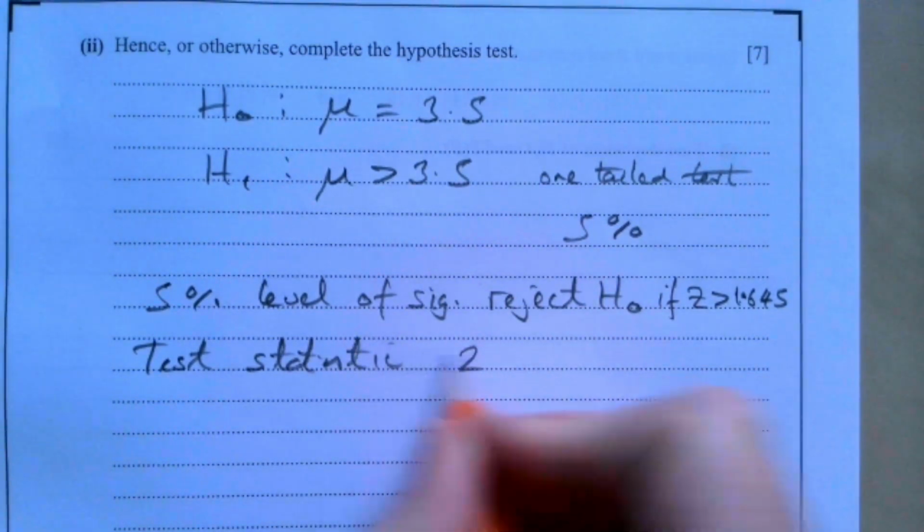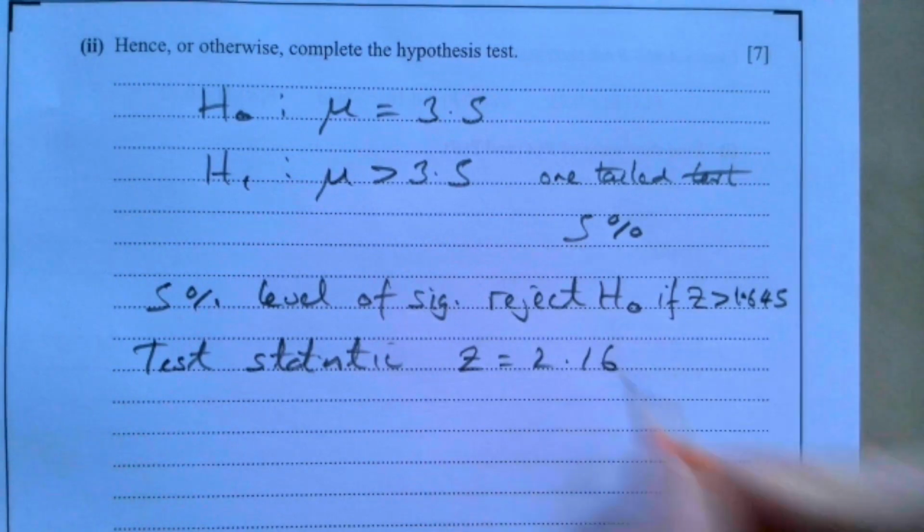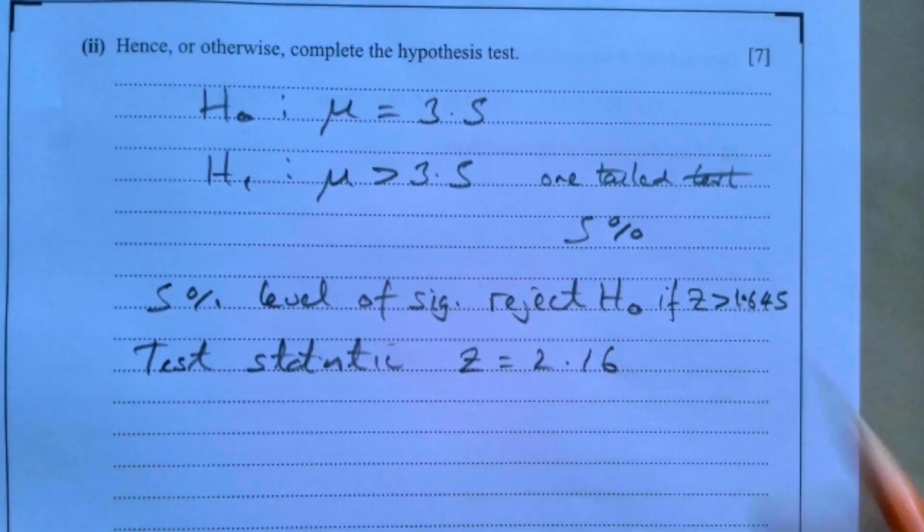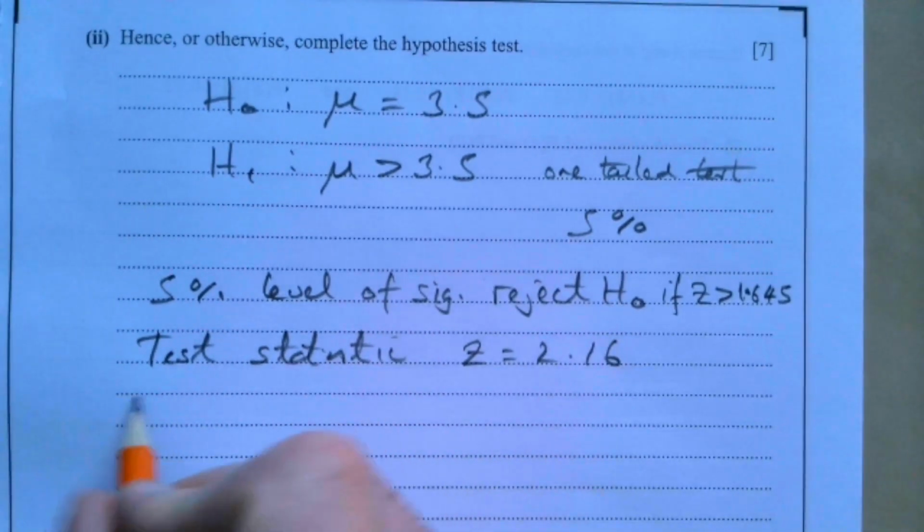our Z value is 2.16. So obviously 2.16 is indeed a bigger number than 1.645. So let's write that.